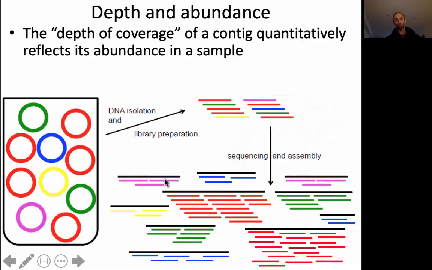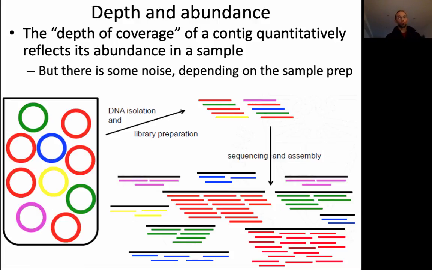After assembly and mapping the reads back, we can identify this depth for each of the different contigs. By looking for contigs that have a similar depth, we can cluster contigs that are derived from the same bacterial genome based on the original abundance in the sample.